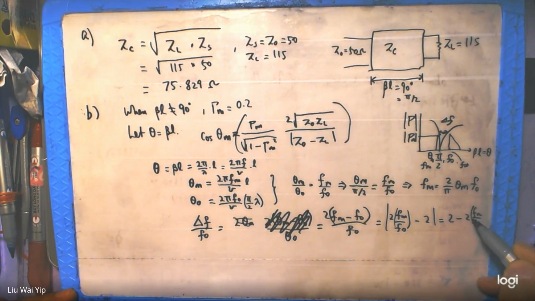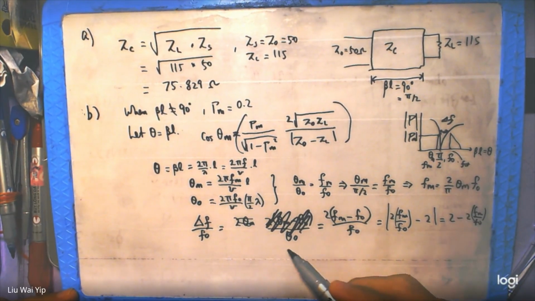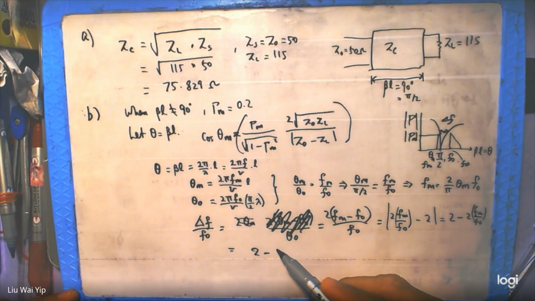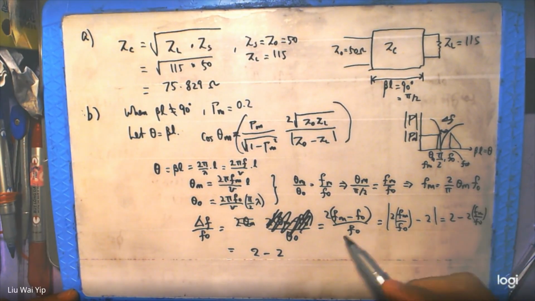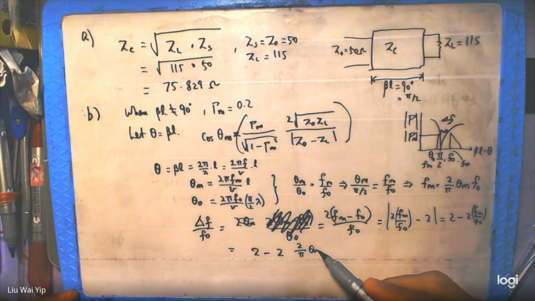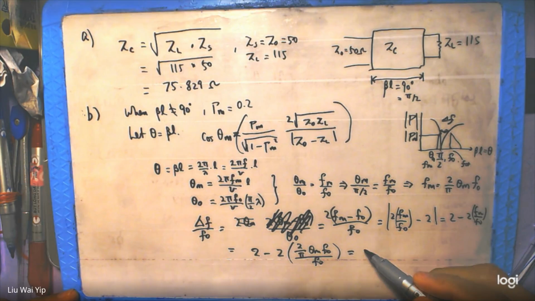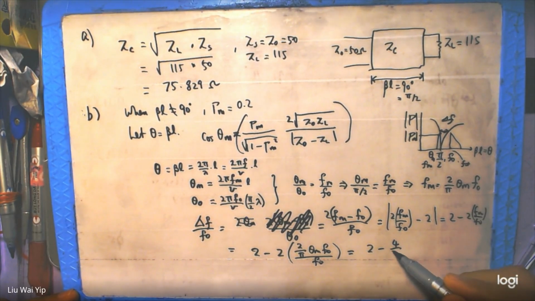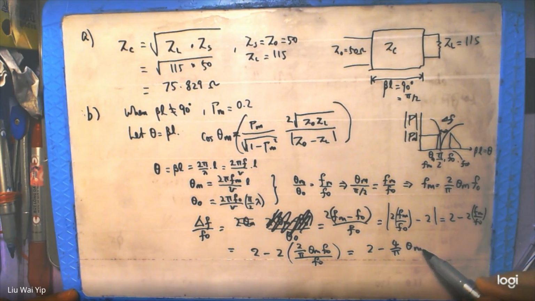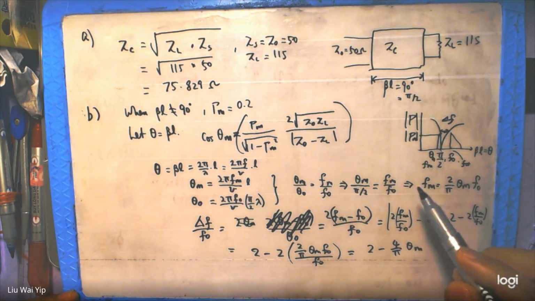So in other words, you need to substitute F naught and Fm into this equation. Fm is 2 pi beta m, and then F naught, so from what I can get here is 4 pi beta m. So the fractional bandwidth can be calculated from the length of the transmission line.